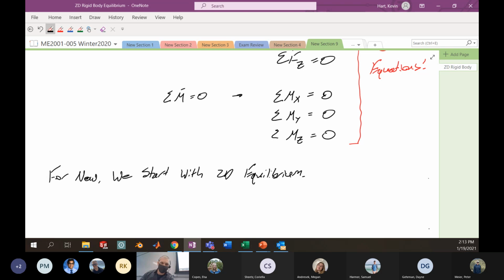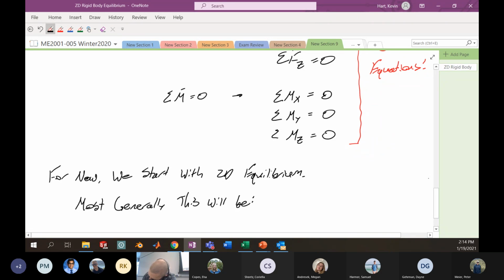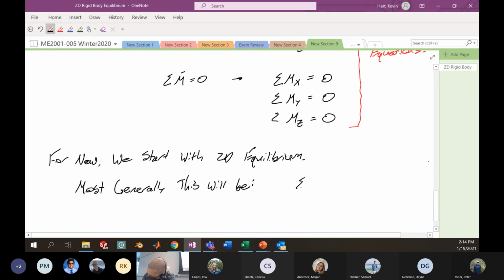And the most general case, which you'll probably see most often in this class, but not always. Most generally this is the sum of your forces in x equals 0, the sum of your forces in y equals 0.